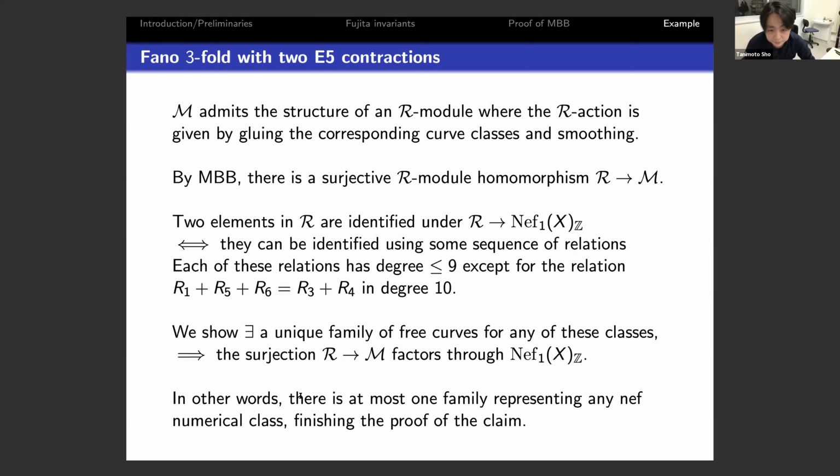So this proof is something that should hold in general. By using the theorem about A covers, one can prove a well-defined action of a monoid. And then basically MBB shows that this monoid is finitely generated.